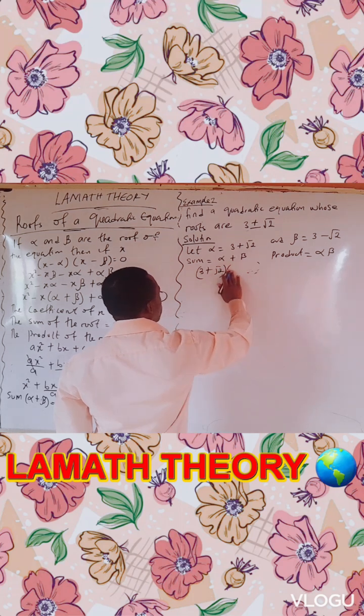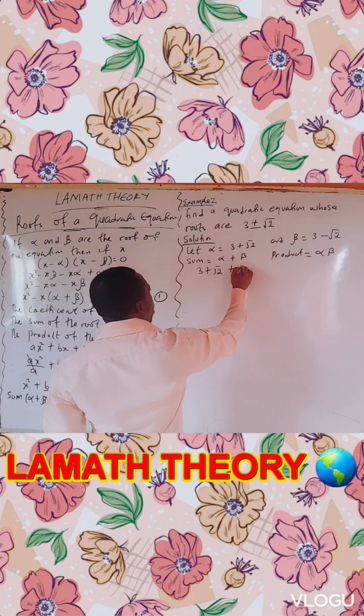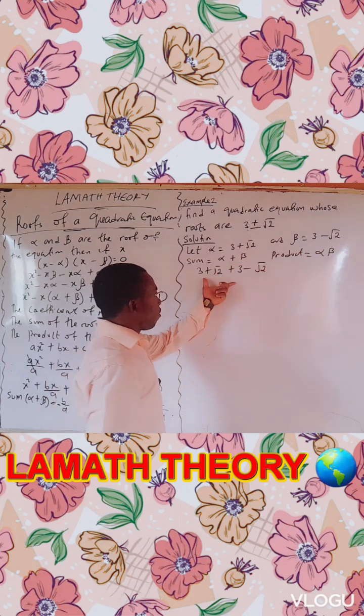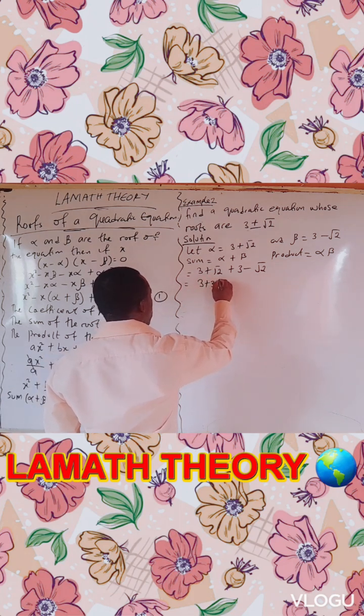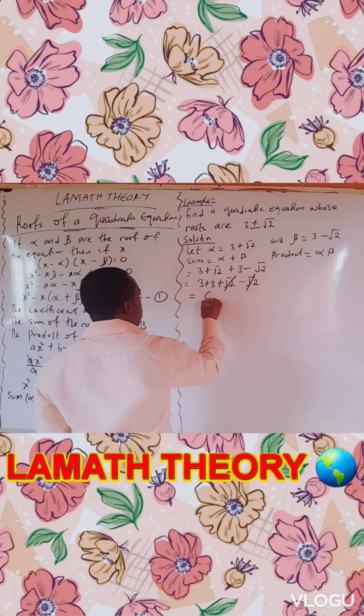So we have 3 plus root 2 plus 3 minus root 2. That is for the sum. Now we can collect like terms: 3 plus 3 plus root 2 minus root 2. So root 2 cancels root 2, so we have 6.